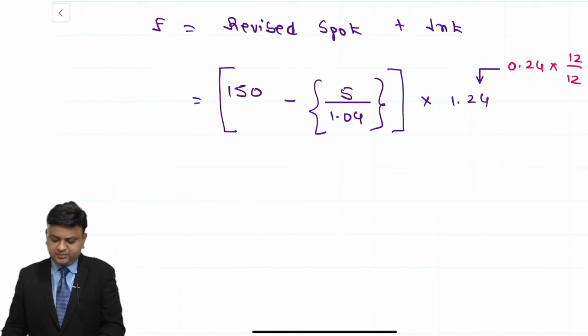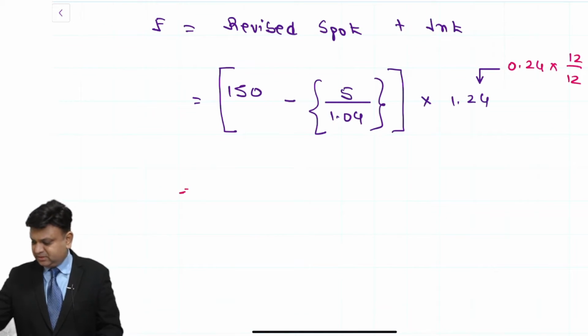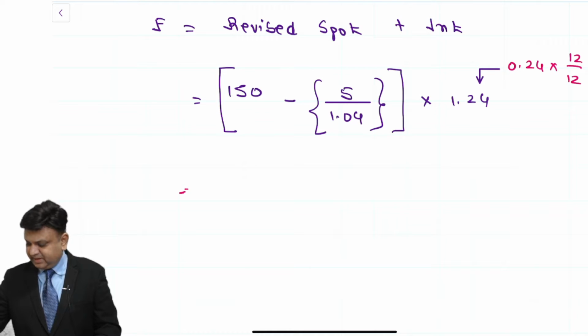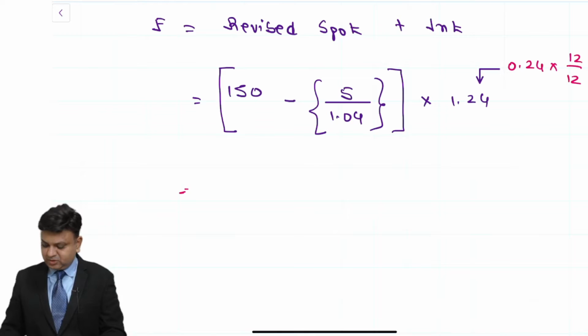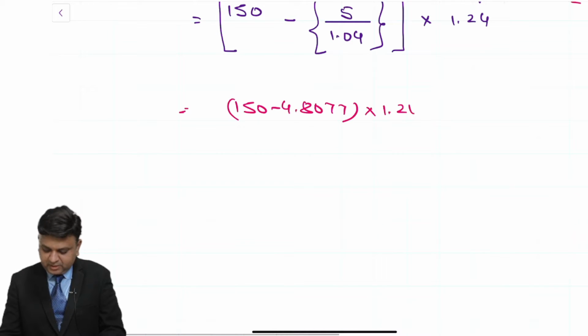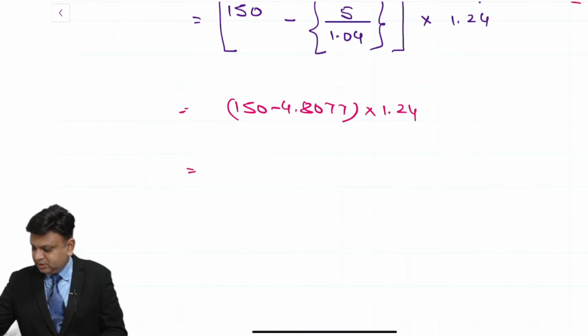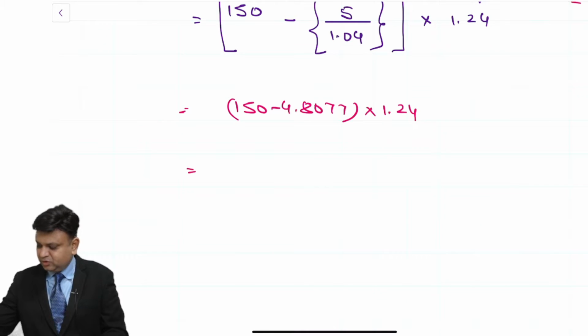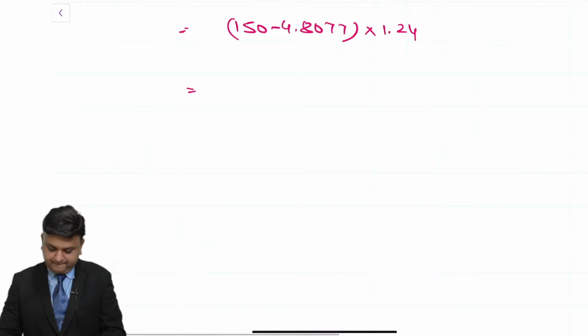This is the way we are supposed to make the calculation of the answer. So 5 divided by 1.04 comes to 4.8077. So 150 minus 4.8077 into 1.24. So 150 minus 4.8077 comes to 145.1923.